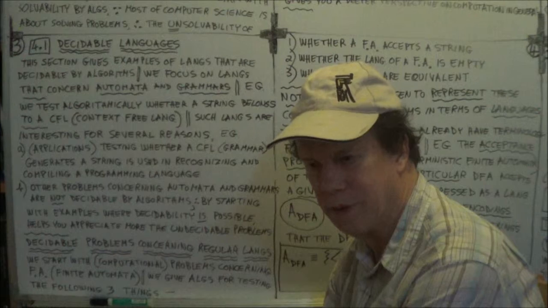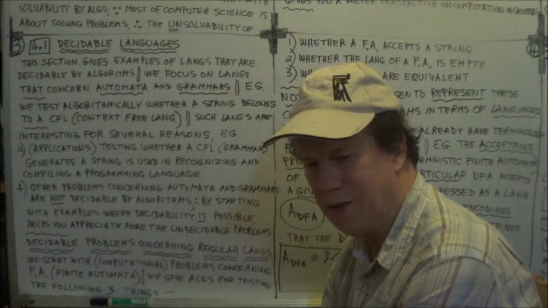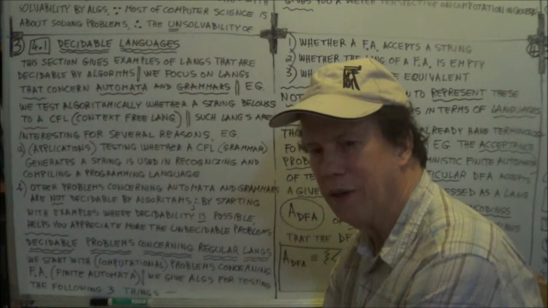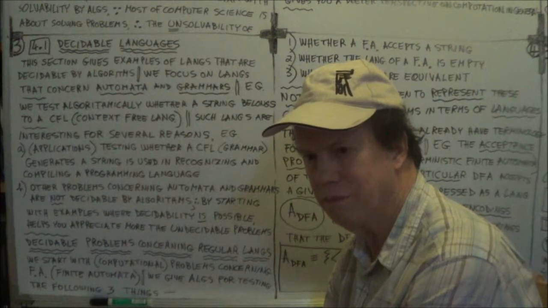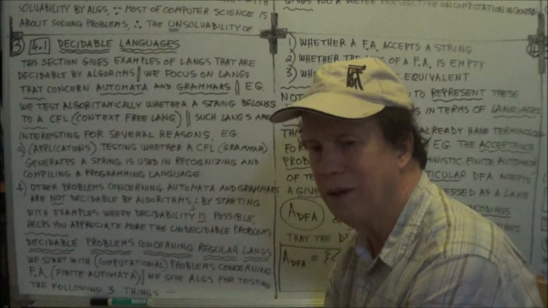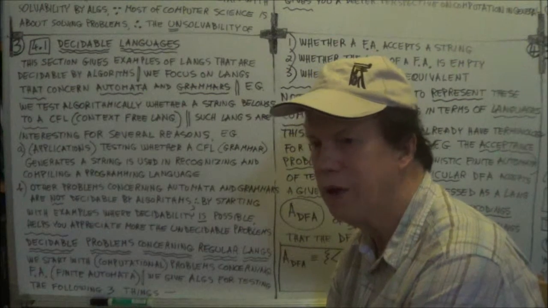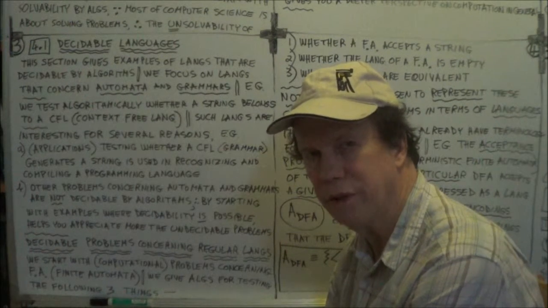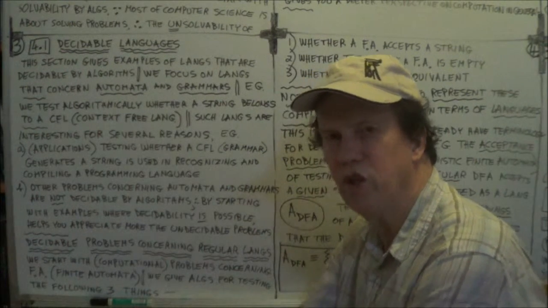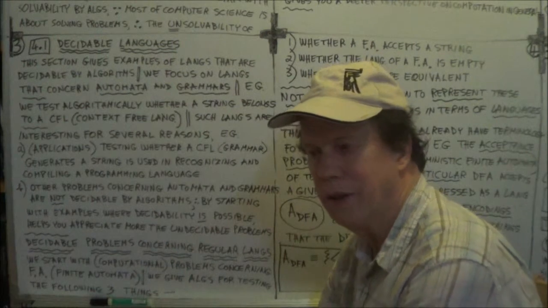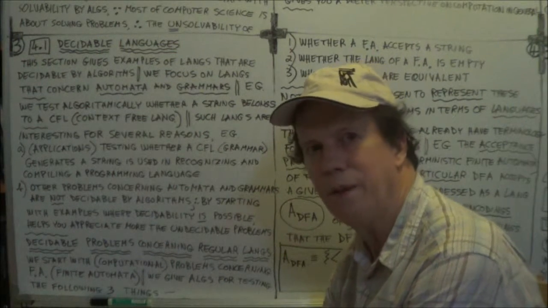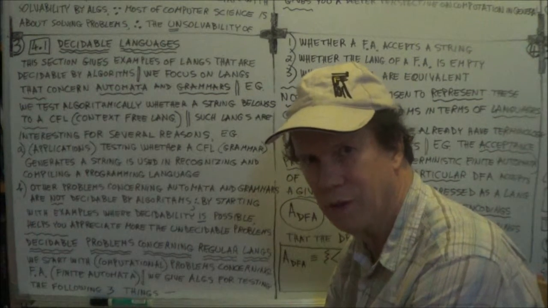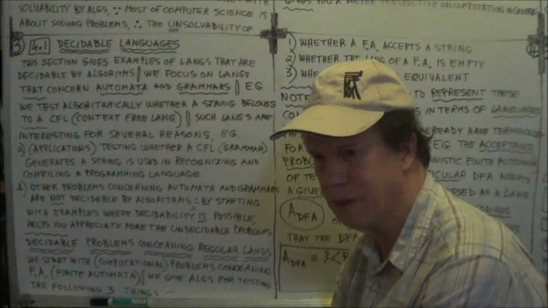The Turing machine is a decider, and a decider by definition is a Turing machine that decides. It either halts by accepting or halts by rejecting, but it always halts. It never loops. Halting and looping are the opposites of each other. So a decider never loops. It always stops eventually.